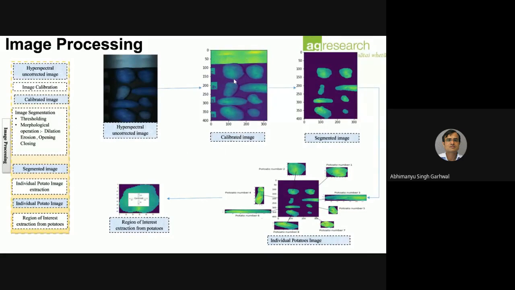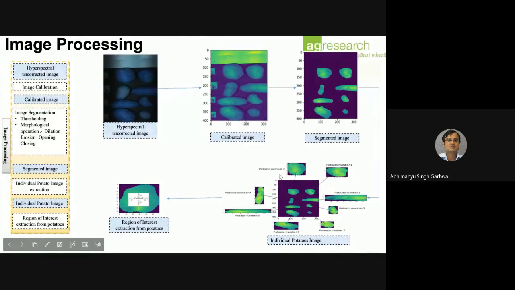After the calibration, we have to remove these labels, this white strip, and these black backgrounds. So we applied a segmentation algorithm using thresholding and morphological operations and got the segmented image. After that, we extracted each potato with its number. So this is the individual potato extraction.